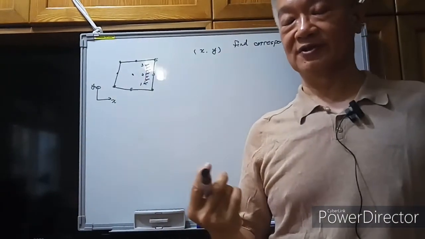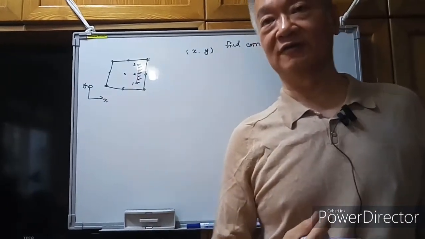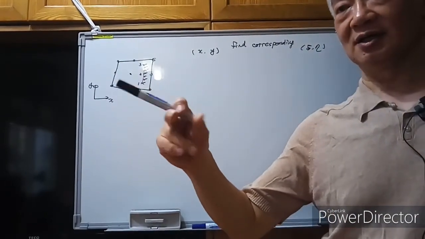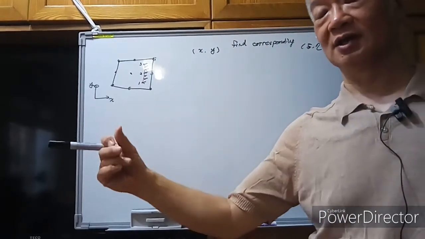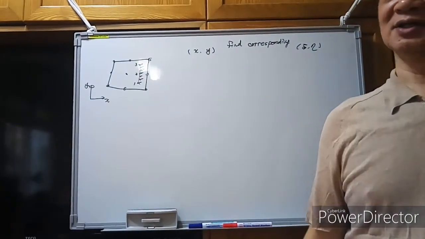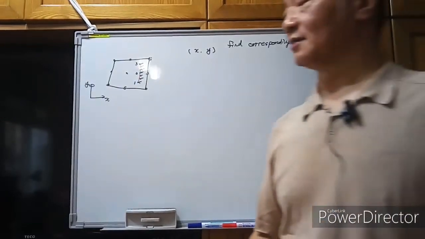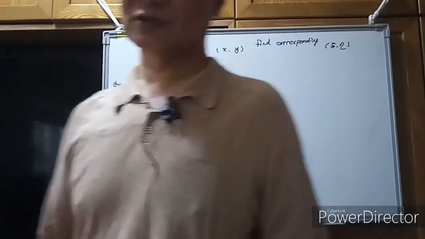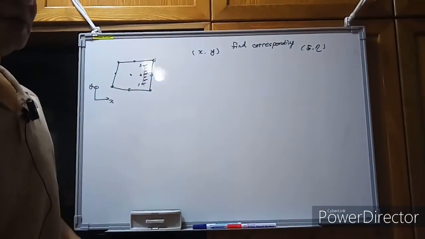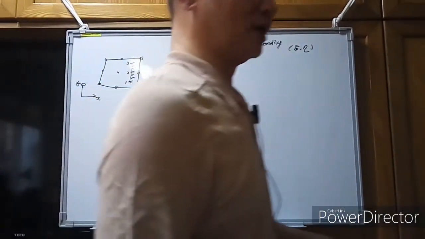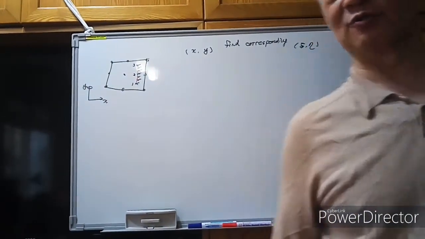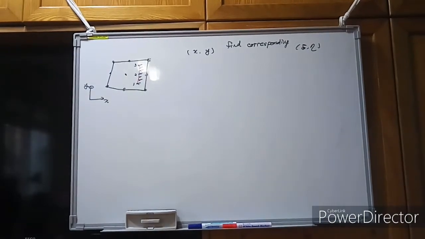The first method, if you can solve the inverse functions, which is xi equal to some function of x and y, if you know the xy, you can get the xi and eta. But to solve the inverse functions is not so common, since for some problems it is not so easy to find the inverse functions.